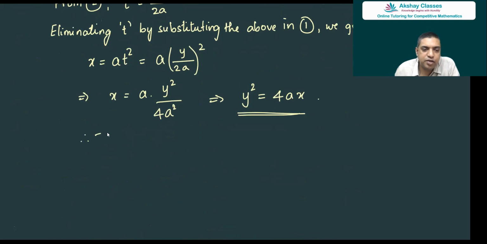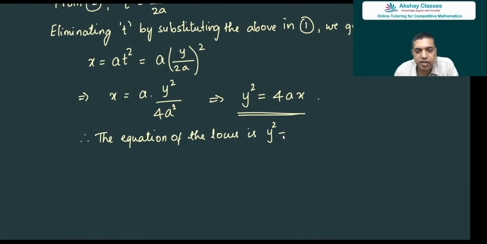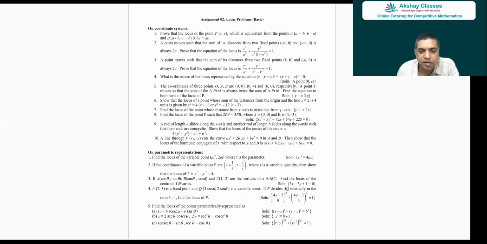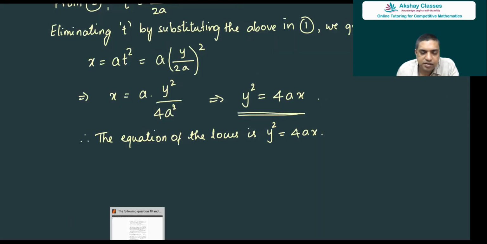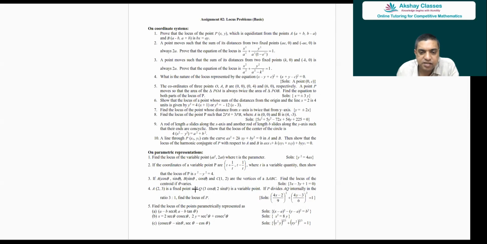So therefore, the equation of the locus is y square is equal to 4ax. All right. Got it?